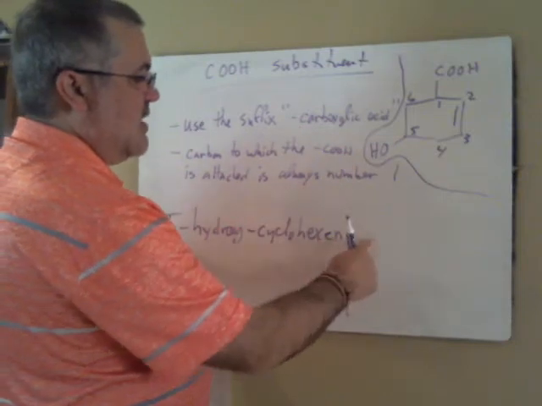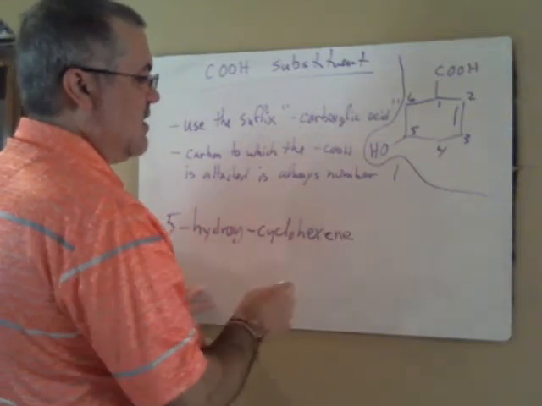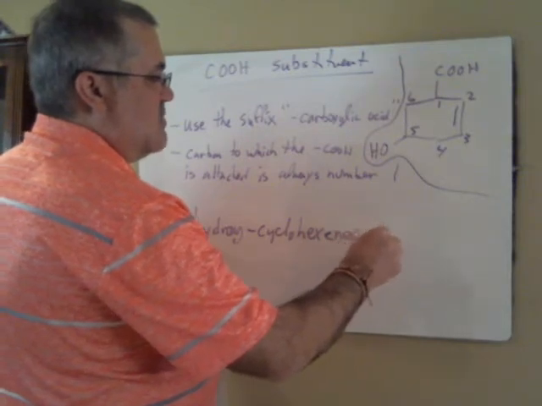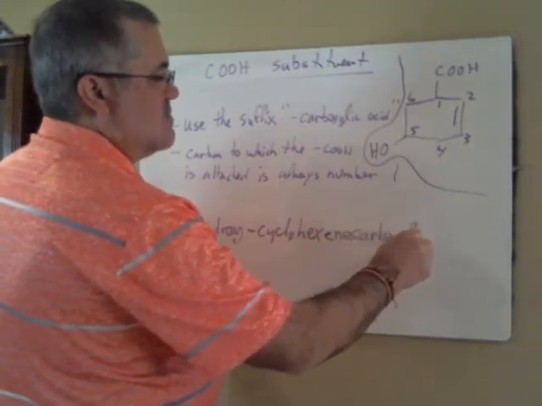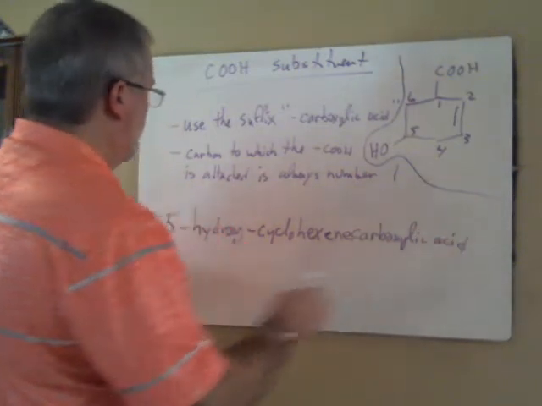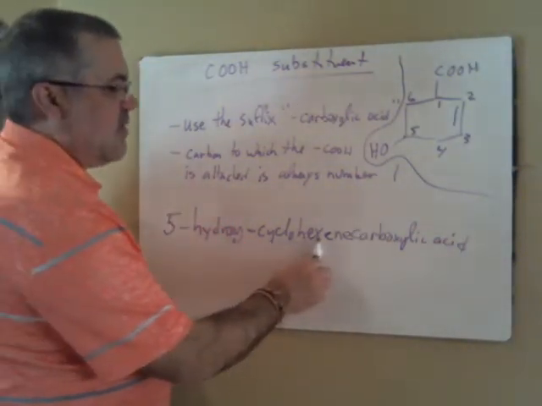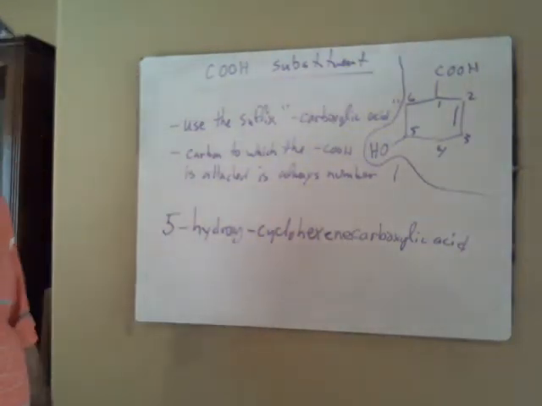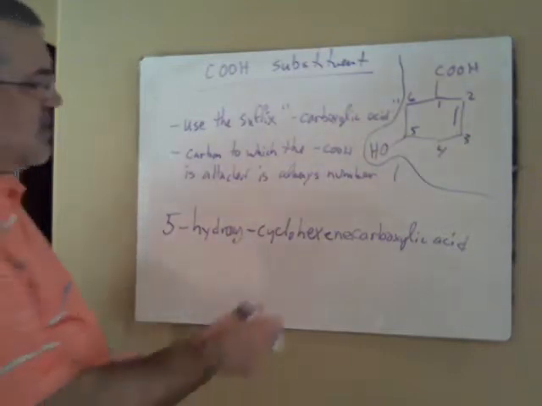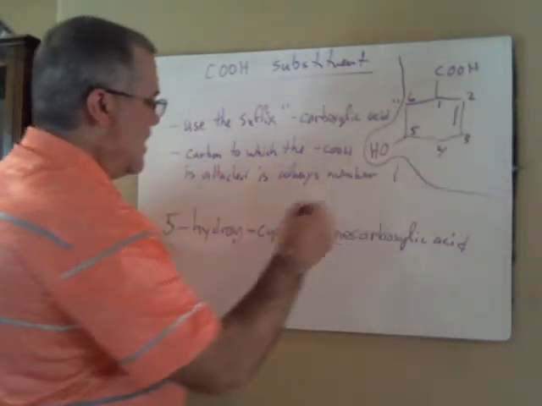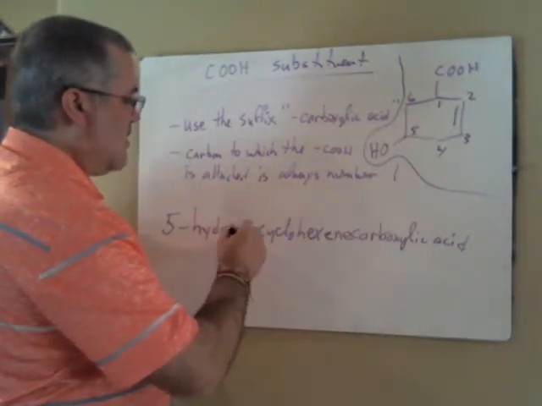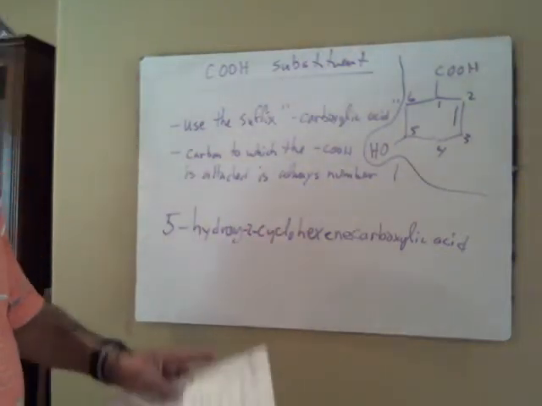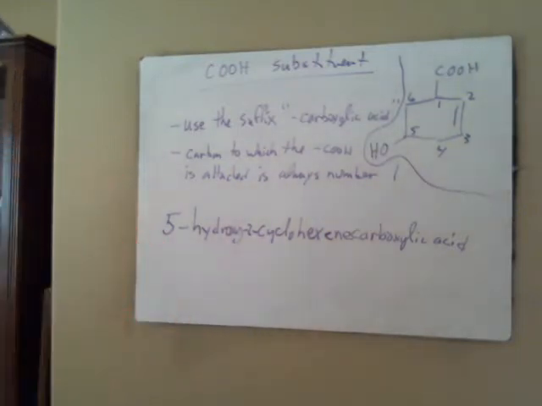So I don't want to put an N and a C together, so I'm going to leave the E there. And I'm just going to add carboxylic acid. So it's a 5-hydroxy cyclohexene carboxylic acid. Is everything there that needs to be there? No, because I need to identify where the double bond is. So here I need to insert my 2 that identifies where the double bond is.